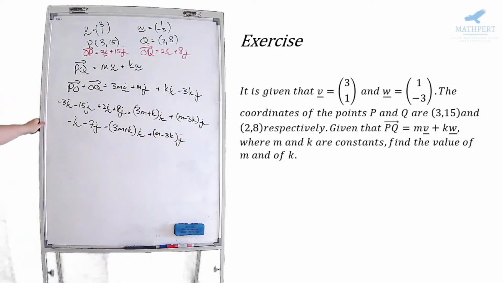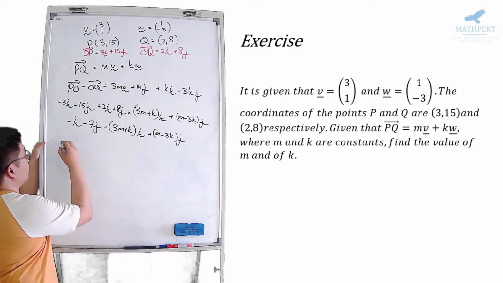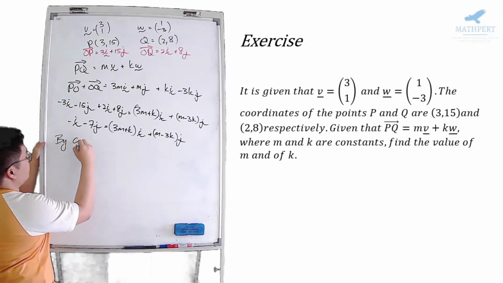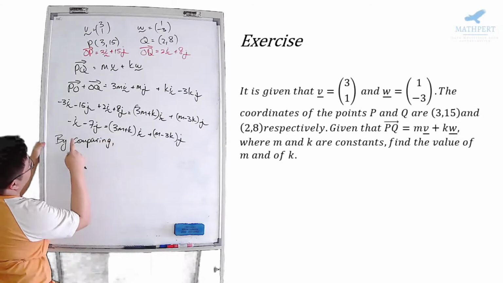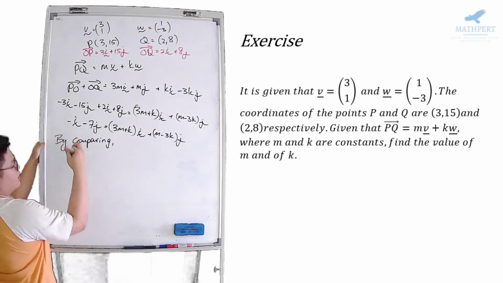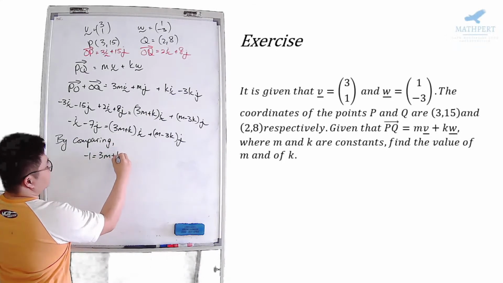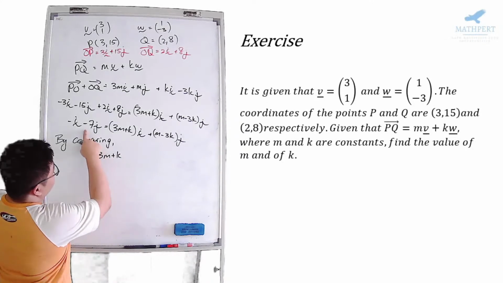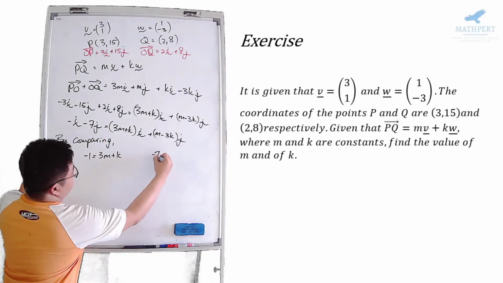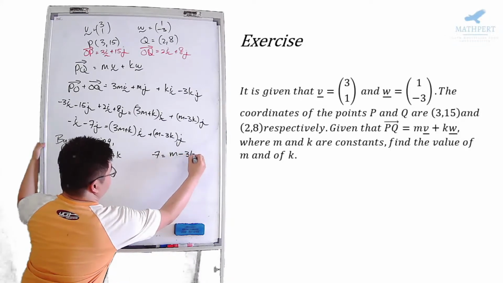Okay? By comparing i and i, j and j, negative i, this is negative 1 equals to 3M plus K. Alright? And then the next one will be negative 7 equals to M minus 3K.